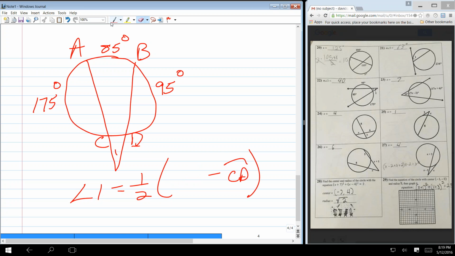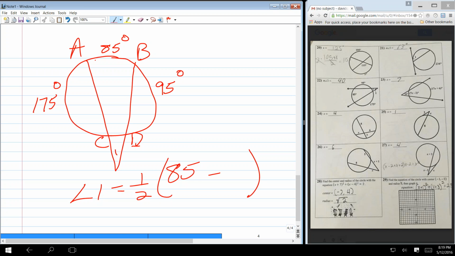What's CD? CD is just X. No, you can figure out CD, and we need to. We don't know what angle 1 is, so we'd have two variables then. So it'd be 42.5, because it's just 85 divided by 2.